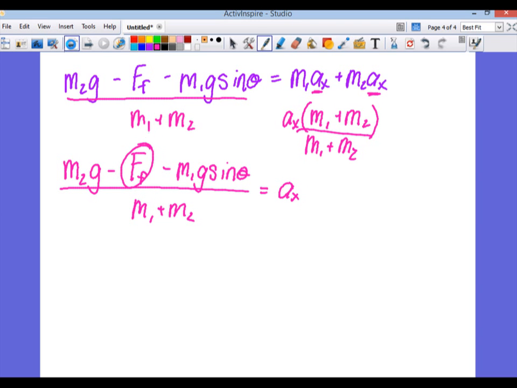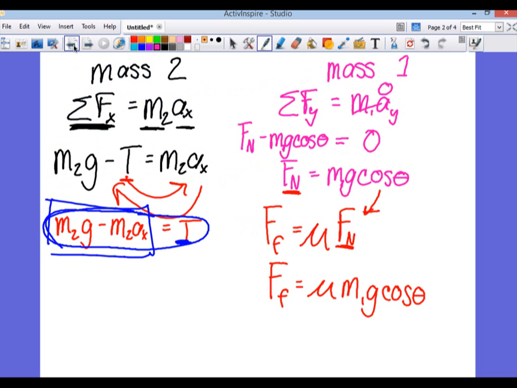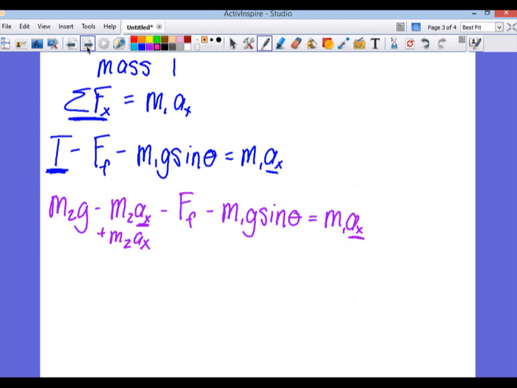And I'll continue writing it on the next slide because I need to plug in for what this force of friction is equal to. But lucky for us, we already know that right there. It's equal to mu m1g cosine theta.